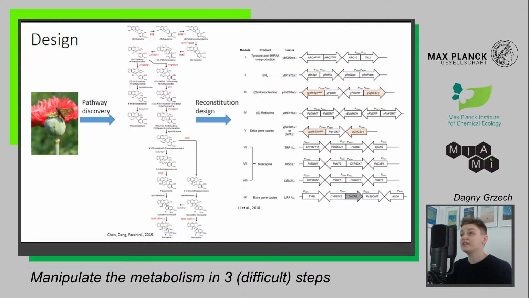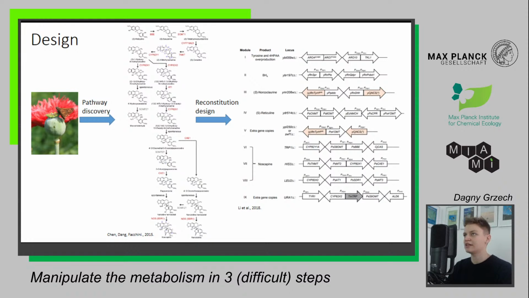So this actually takes quite a long time to find out. But once we have the discovered pathway, we can design the reconstitution of this pathway in a suitable host.